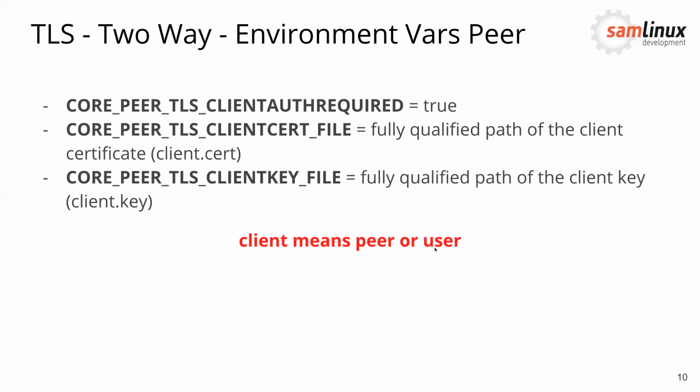So a user is something when you have your Node.js application and you try to connect to a peer with the Node.js application, then you also need a client from the certificate authority, and these are from the type user or client, and the peer is clear, that's the peer node.